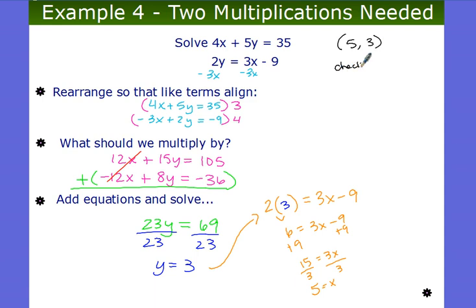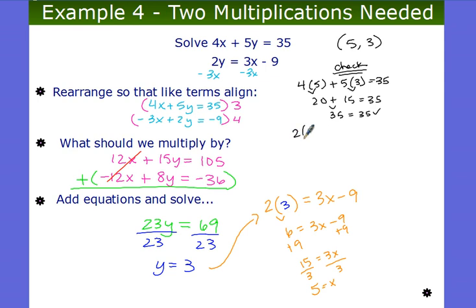I check that ordered pair by plugging the numbers into the original equation. So 4 times 5 plus 5 times 3 equals 35. I do my multiplication, 20 plus 15 equals 35. And then I do my addition, 35 equals 35. So that equation works.